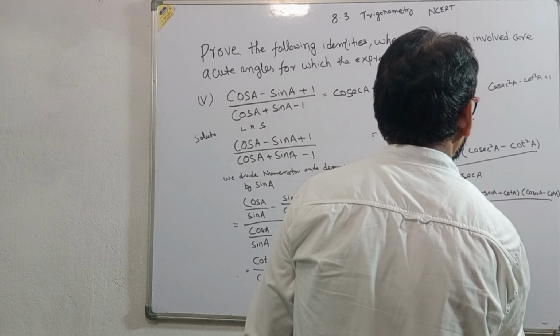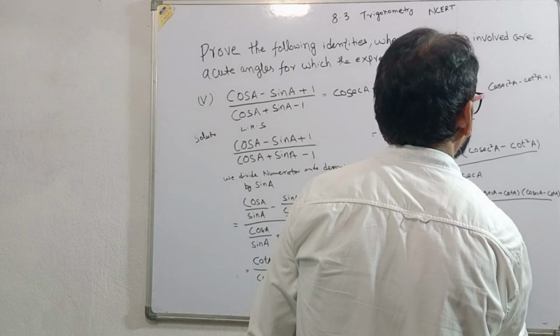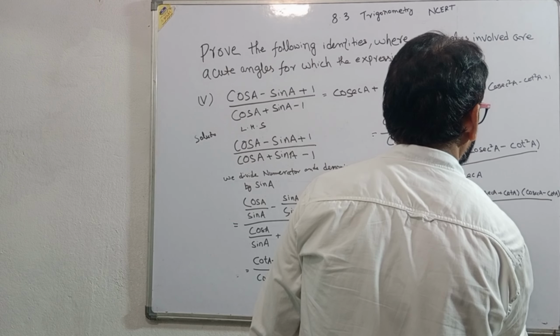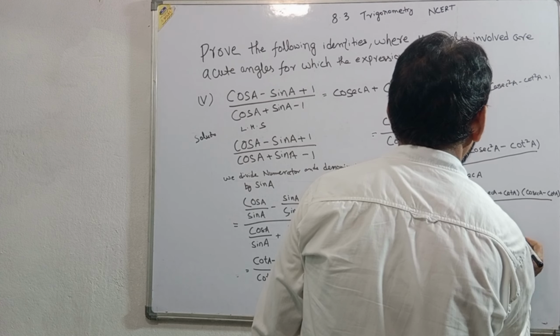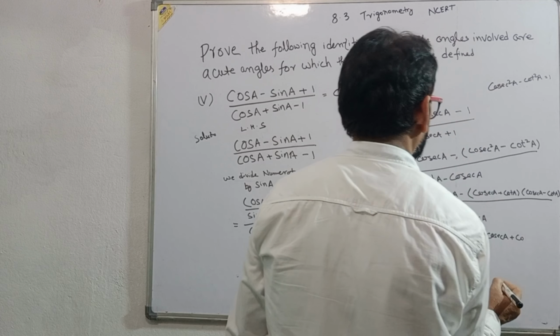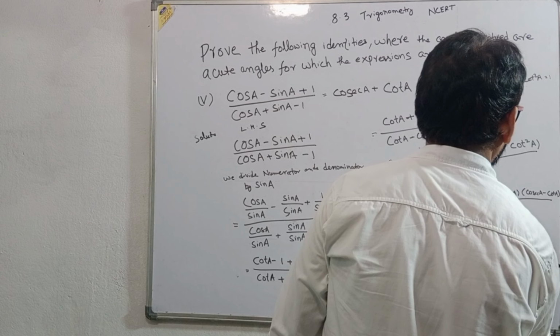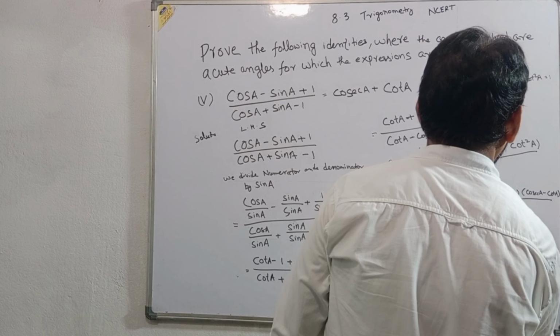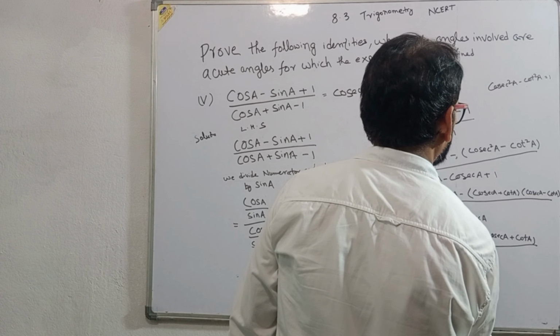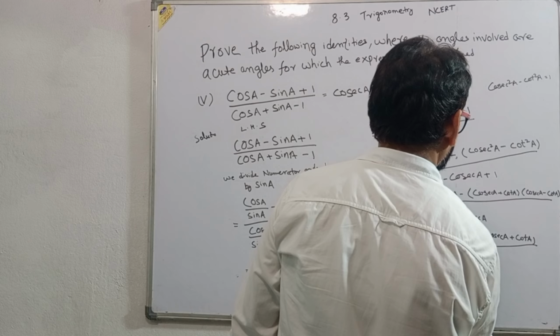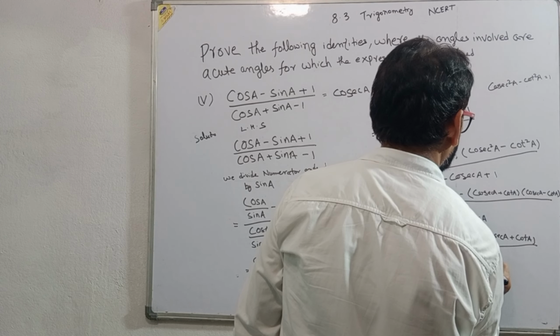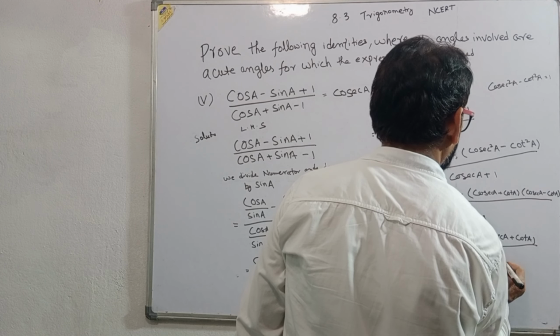1 minus cosec A plus cot A, divided by cot A minus cosec A plus 1.